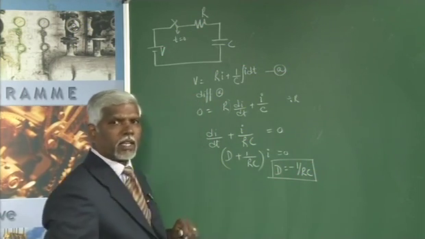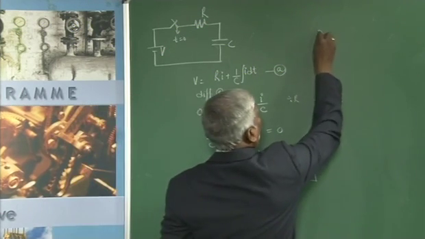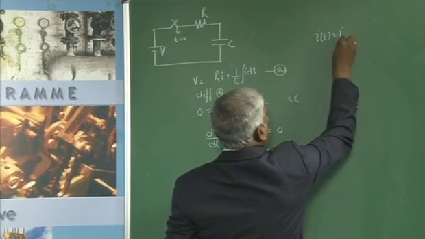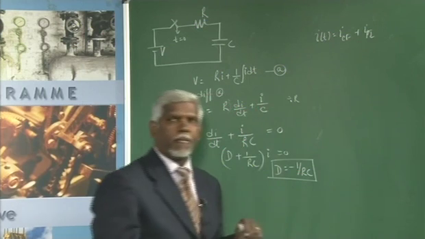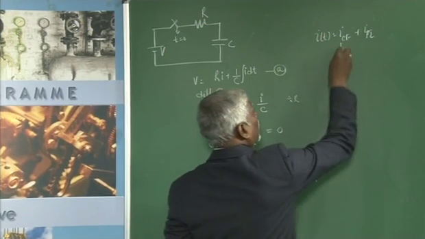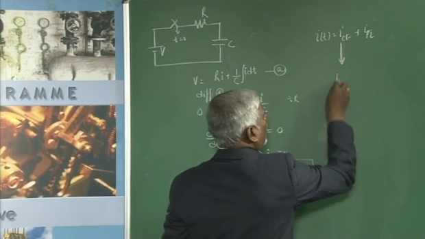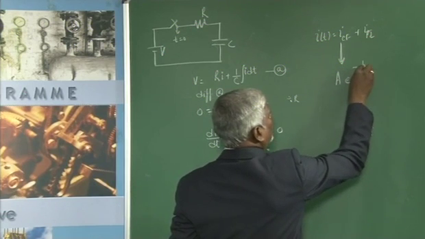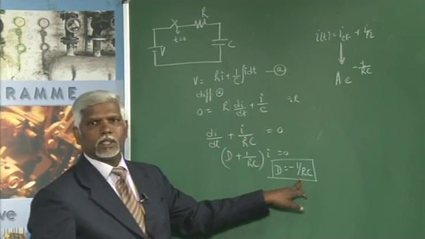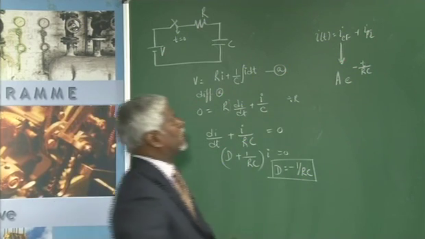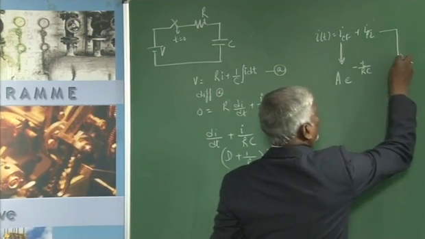So, I of t will have the complementary function plus the particular integral. The complementary function will have an arbitrary constant A e to the power of minus t by RC. What about the particular integral?